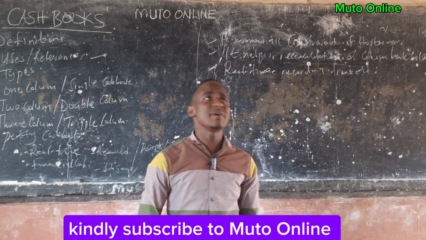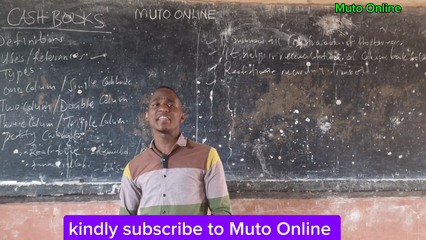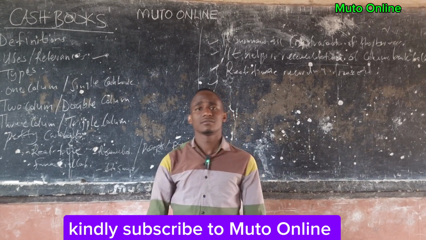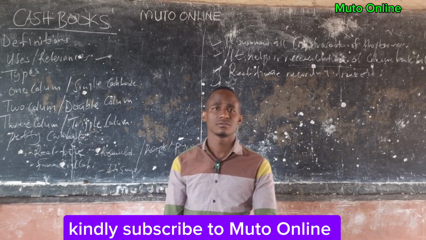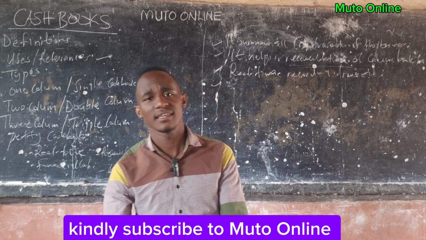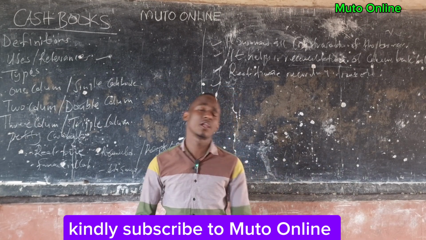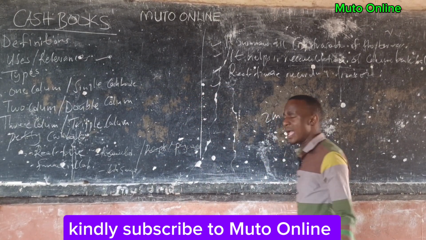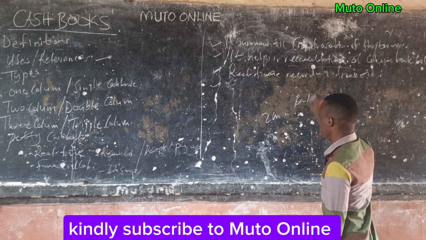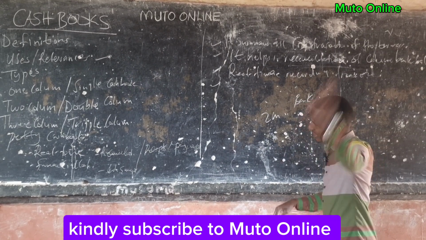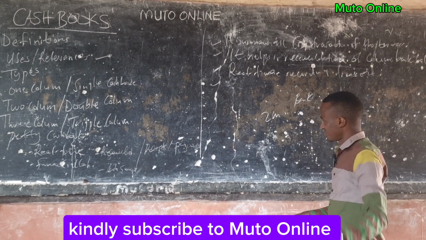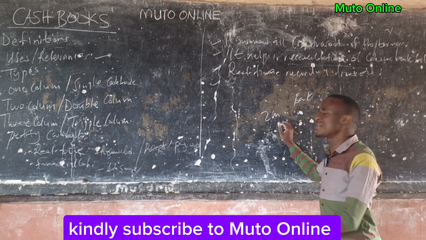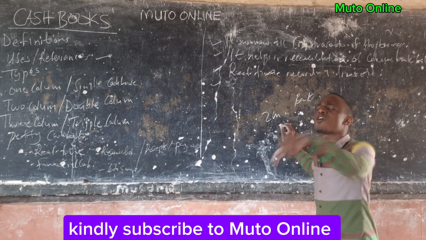But a business may decide to incur a loan. Let's say a business incurring a loan of around 2 million, maybe from a bank. When a business borrows, it means that the business has borrowed to invest in more capital.